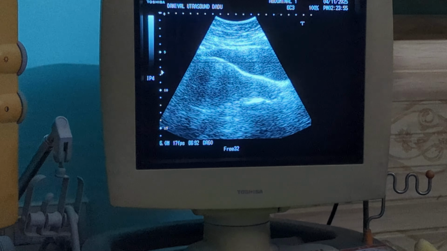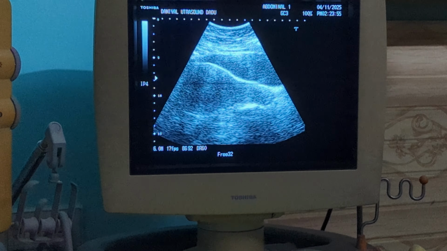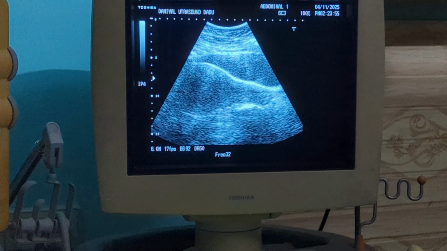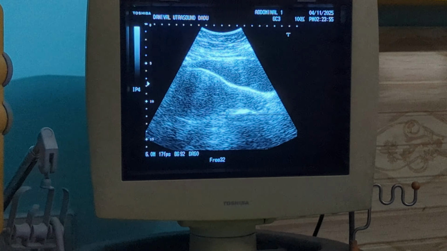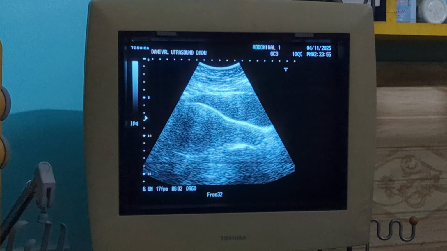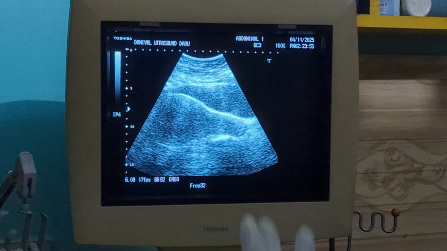The endo-myometrial junction, or the junctional zone, becomes poorly defined. Here it is poorly defined, and sometimes you cannot differentiate adenomyosis from fibroids.